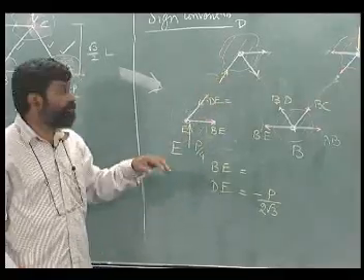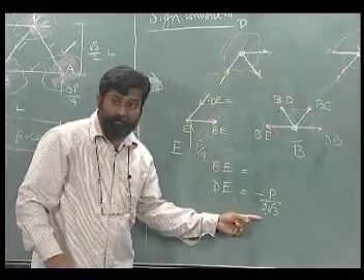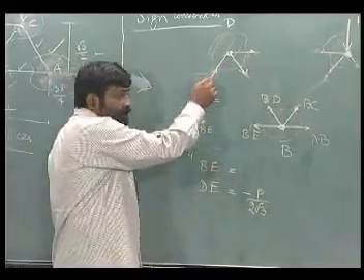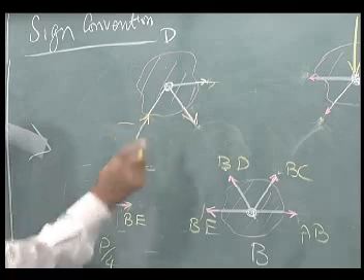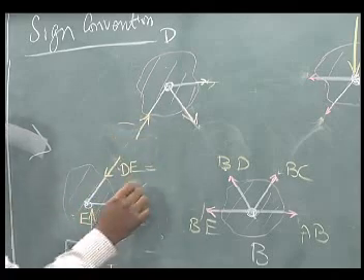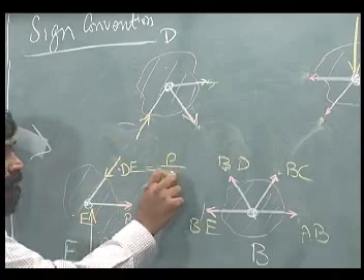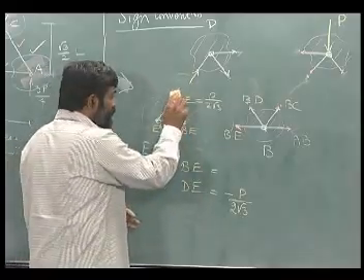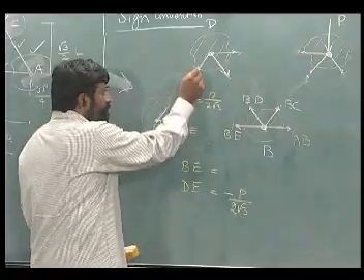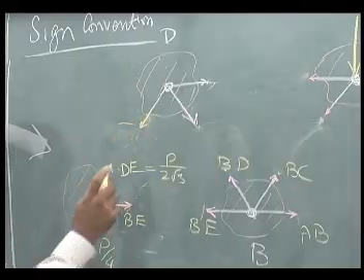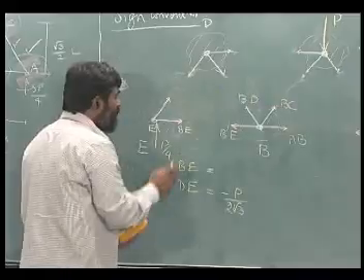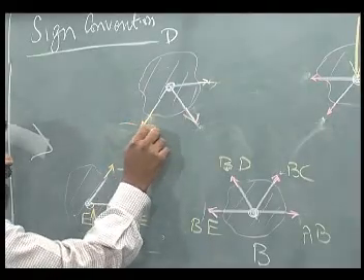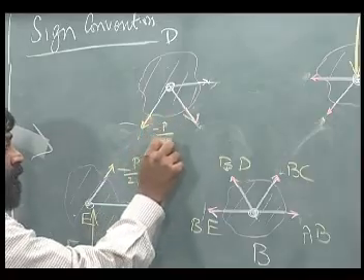All you have to do is, if I get a negative value, I can retain the negative value and have a direction like this and insert a negative, or if I change the direction, it is equal to P by 2 root 3. Other way of looking at it is, I can retain the direction that I have, which is like this and like this, and insert the value minus P by 2 root 3, same here, minus P by 2 root 3.